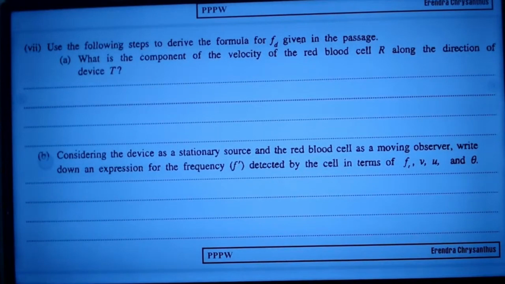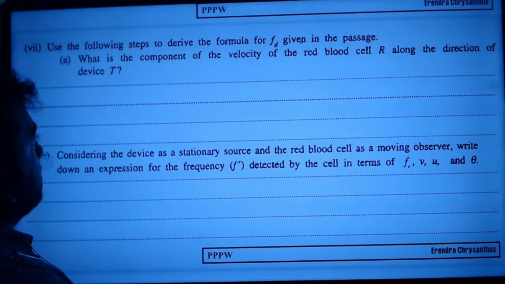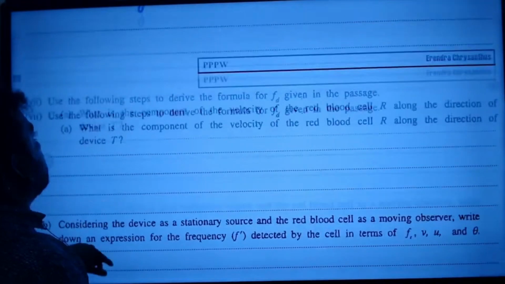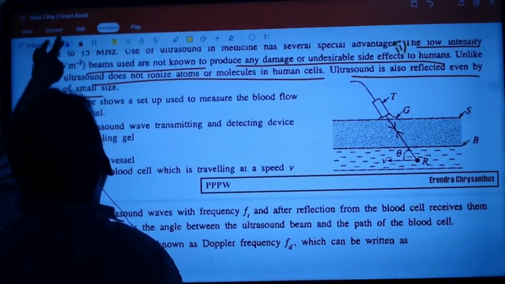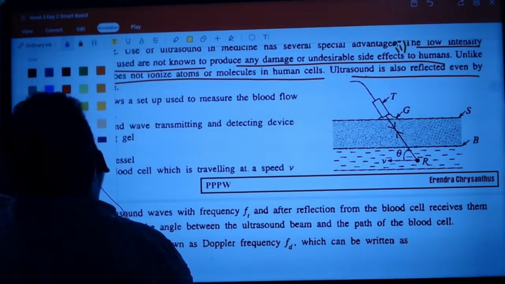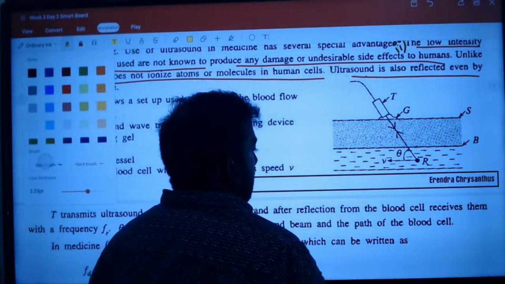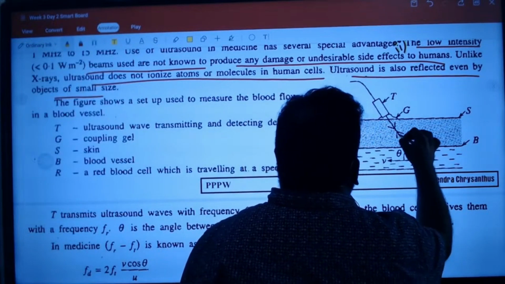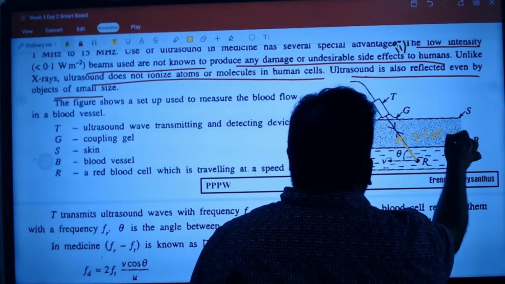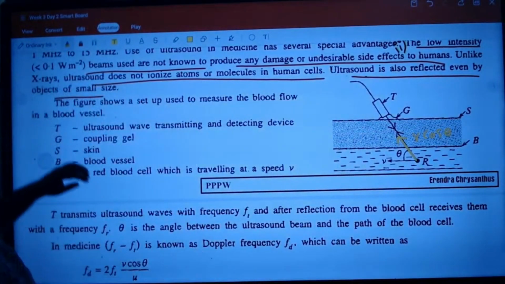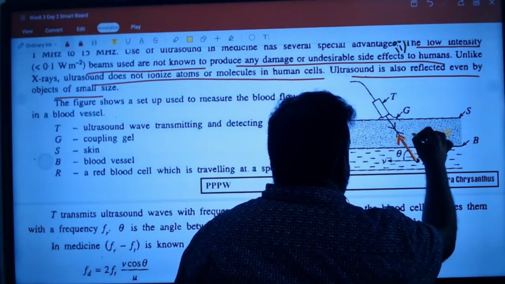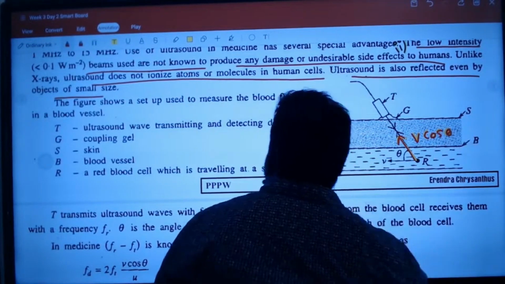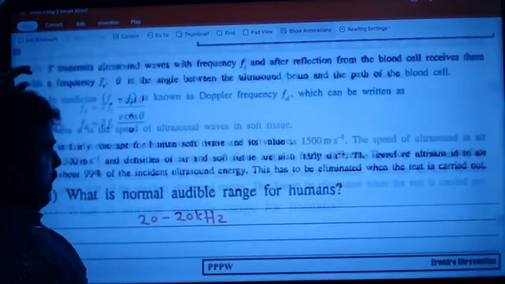Use the following steps to derive the formula of FD given in the passage. What is the component of the velocity of the red blood cell R along the direction of the device T? Now be careful when you do the work. The velocity in the direction of the device is V cos theta. This component is V cos theta.